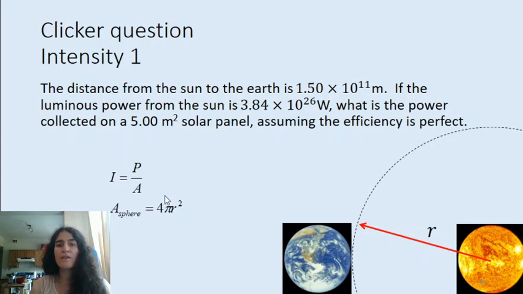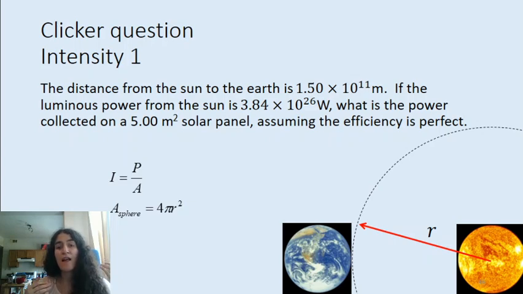So the intensity of light on planet Earth would be the power of the sun divided by 4 pi r squared, where r is this distance, right? 1.5 times 10 to the 11. Okay, so that gives me the intensity of light on planet Earth.